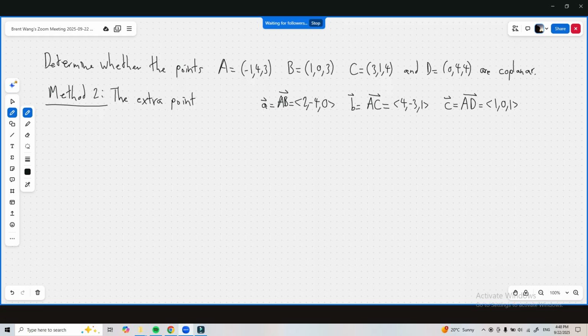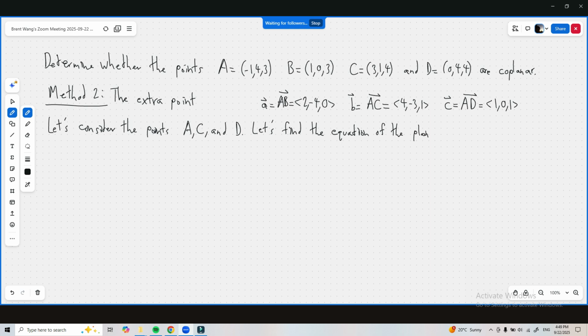So let's consider the points A, C, and D. Let's ignore B for now. Let's find the equation of the plane these 3 points lie on.